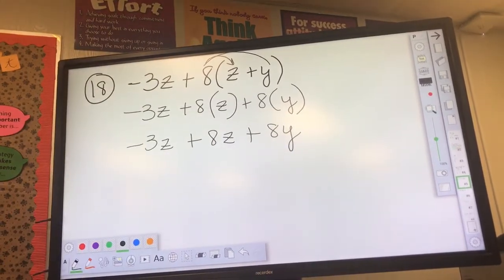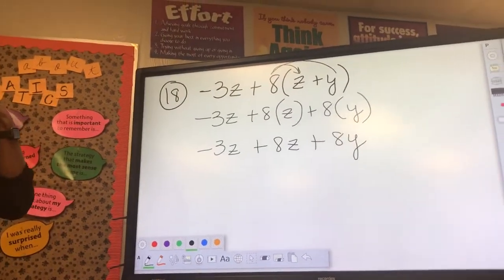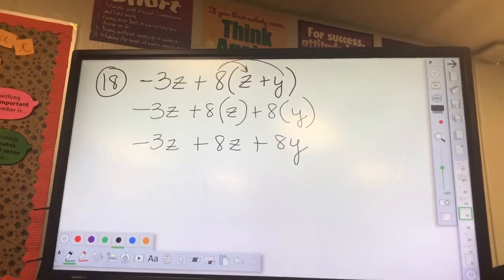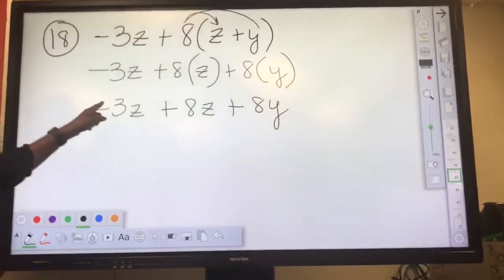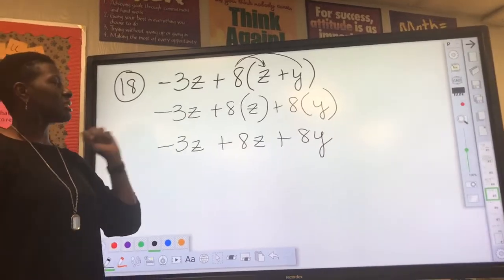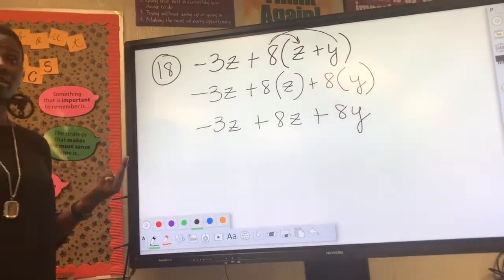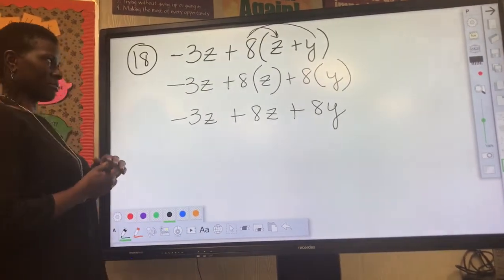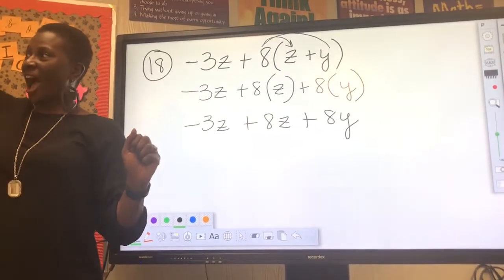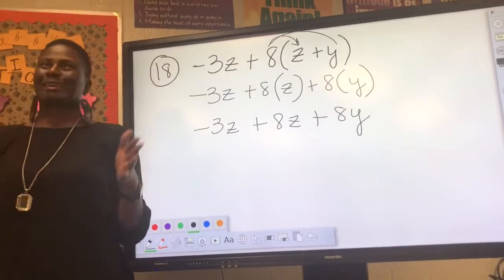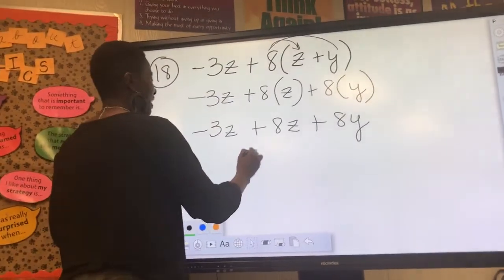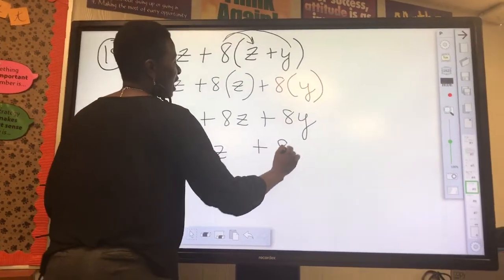Do I have any like terms? Yes. What like terms do I have? Negative 3z and positive 8z. That's the same thing as saying 8 minus 3, which is going to give me what? 5z. So 5z plus 8y.